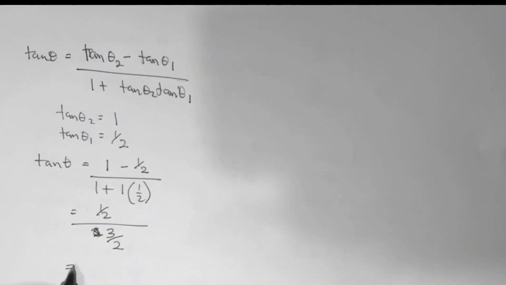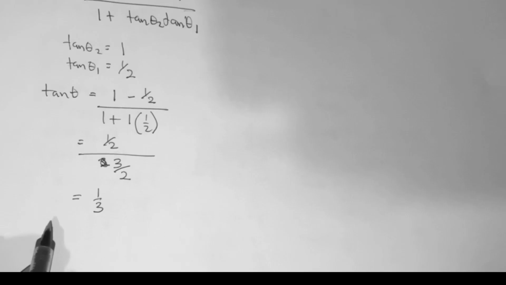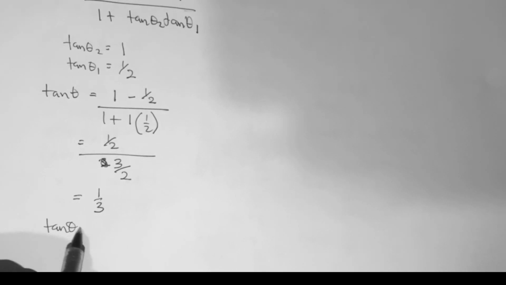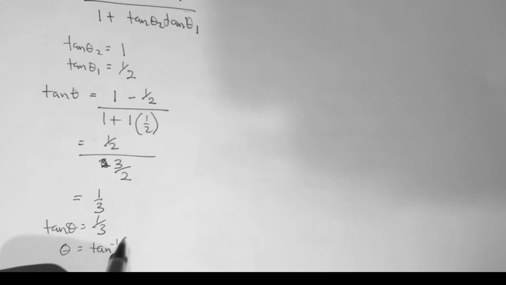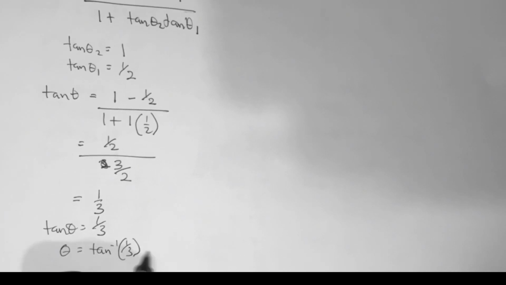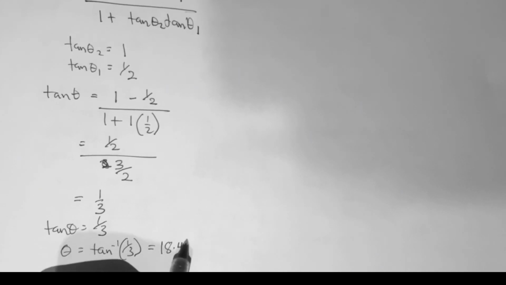So this is equal to 1 over 2 divided by 3 over 2, which is 1 over 3. Therefore tan theta is equal to 1 over 3. So theta is equal to the tan inverse of 1 over 3, which is 18.4 degrees. So the angle between those two curves is 18.4 degrees.